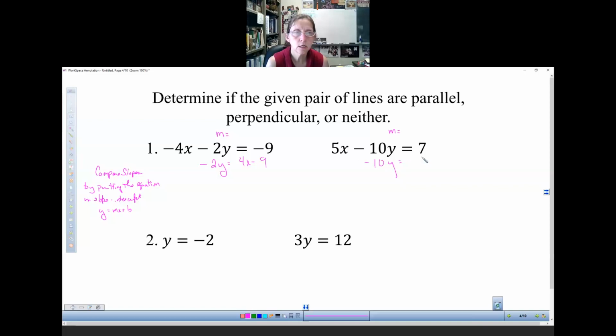Remember that your slope is going to be the coefficient of x.